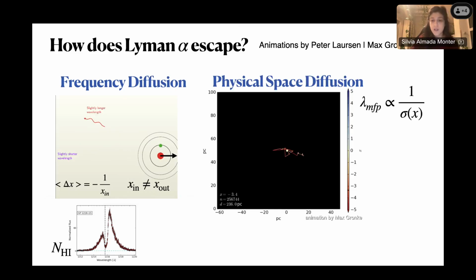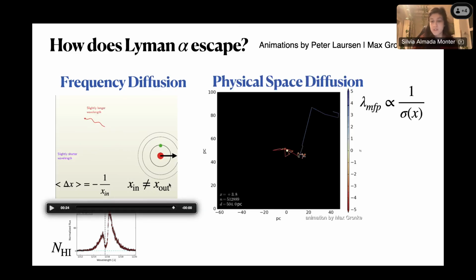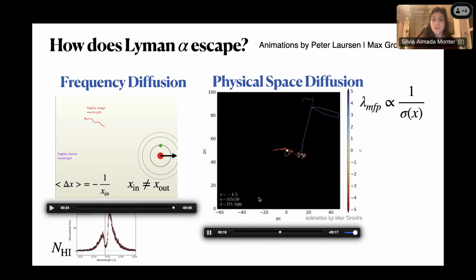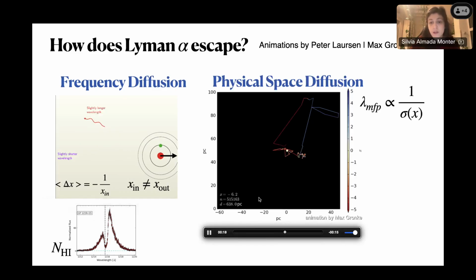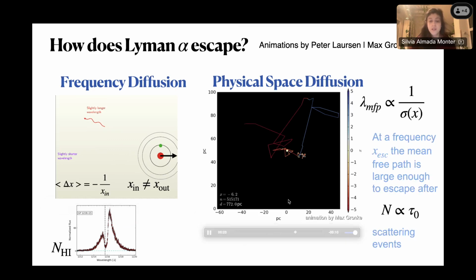I also would like to talk about physical space diffusion, which means that with every scattering event of Lyman-α, there is a change in frequency, but there is also a change in mean free path, depending on this change in frequency. This is very important for Lyman-α escape, because it depends on how many scattering events the Lyman-α photons went through.